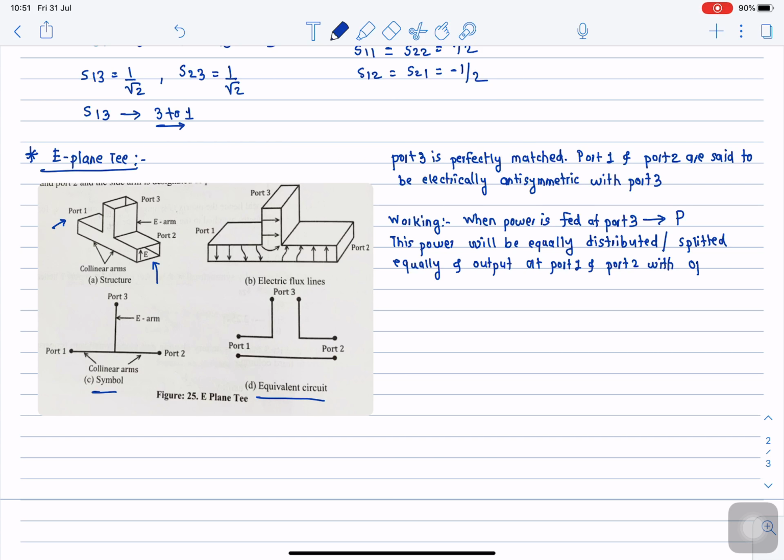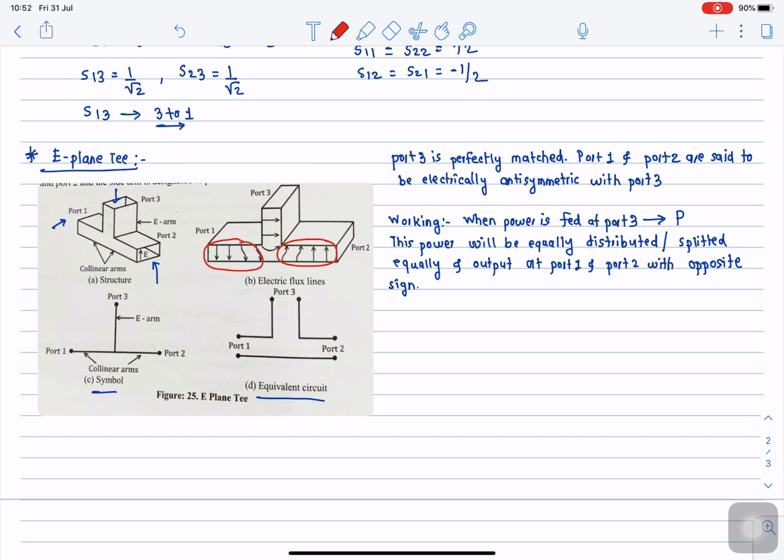If you observe figure B carefully, at port number 1 and port number 2, see how the electric fields are oriented. The orientation of the electric field at port 1 and port 2 is not the same but exactly opposite, and that's why the outputs we get at port 1 and port 2 are exactly the same but opposite in polarity.